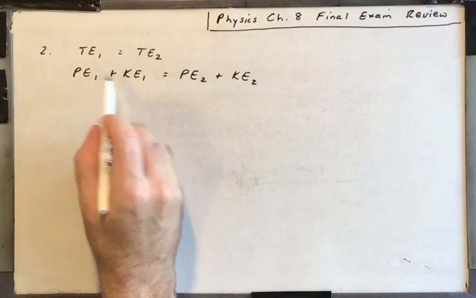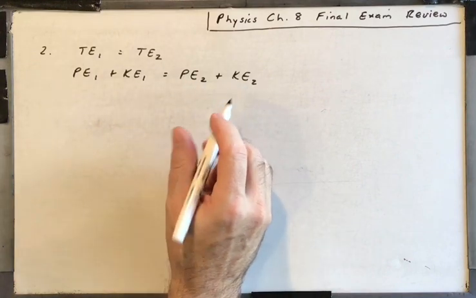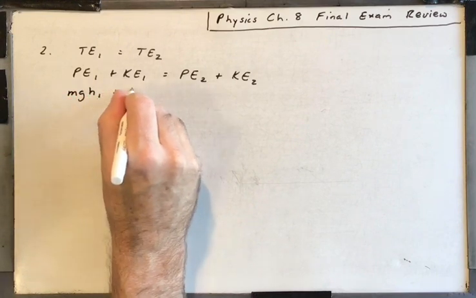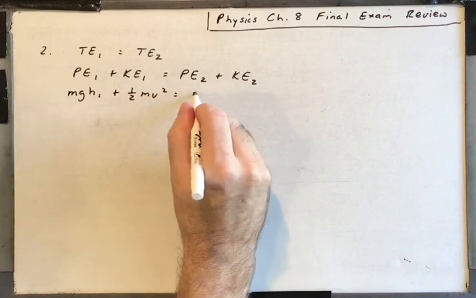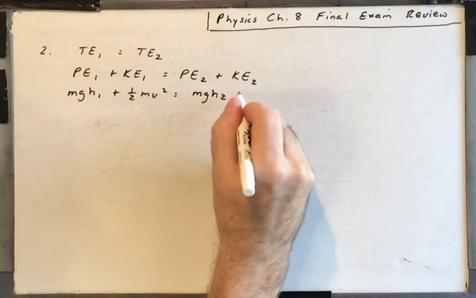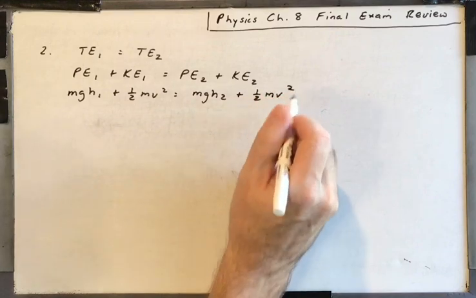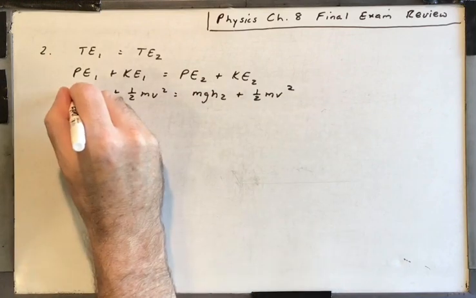We've got numbers for all of these this time, so nothing is 0. So this is going to be mgh hill 1 plus 1/2 mv squared is equal to mgh of hill 2 plus 1/2 mv squared. And this is the second velocity. All right, all the masses cancel.